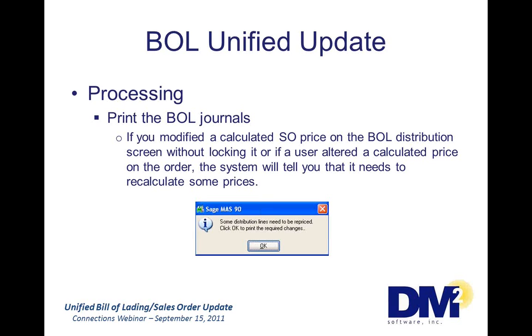Now, when I say a calculated sales order price, this is a price that you have set up in the inventory pricing file that says this customer is being priced off of Tesoro plus 5 cents, or it's being priced off of Opus plus 3 cents, or off of that posted price table for your bobtail trucks.